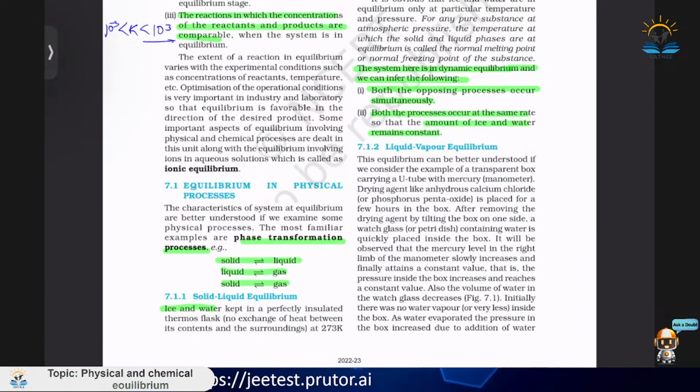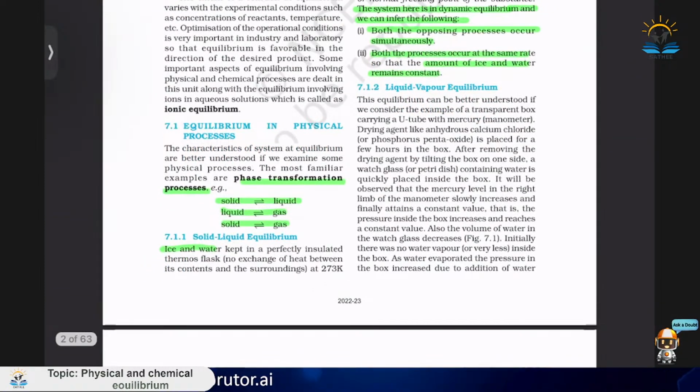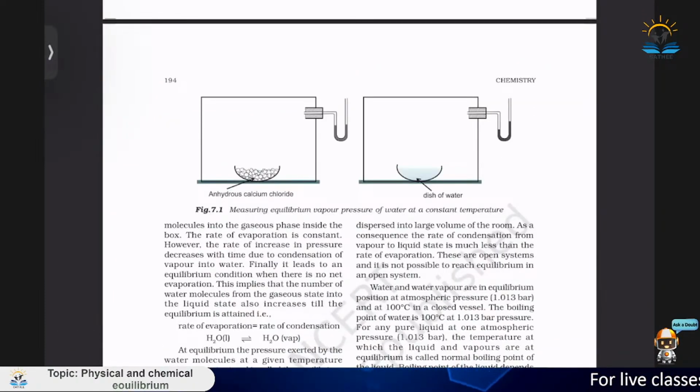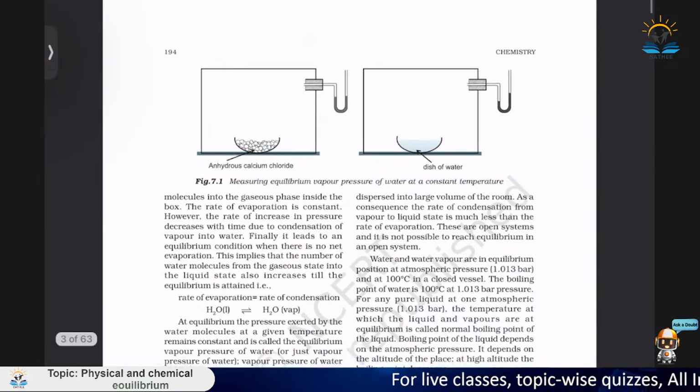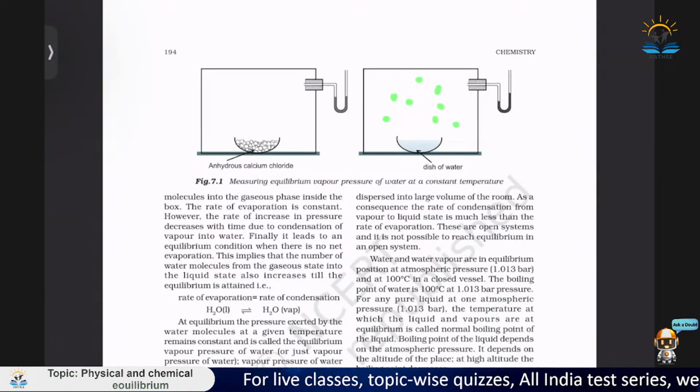Next, we have liquid to vapor equilibrium. The example that we'll take is we'll put a dish of water and observe it with a manometer. The manometer will show what pressure is there inside the container.